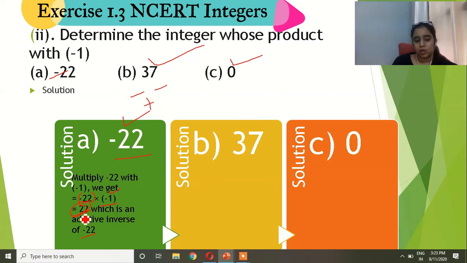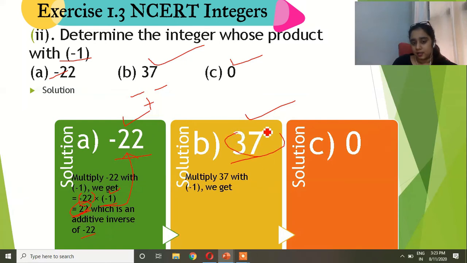22 is the additive inverse of -22, because additive inverse means changing the sign of that number. Now we will do the second part, and in the second part they have given me the value 37. What I have to do in this question is multiply 37 by -1, because they have asked me to determine the integer whose product with -1, which means I have to multiply that integer with -1.